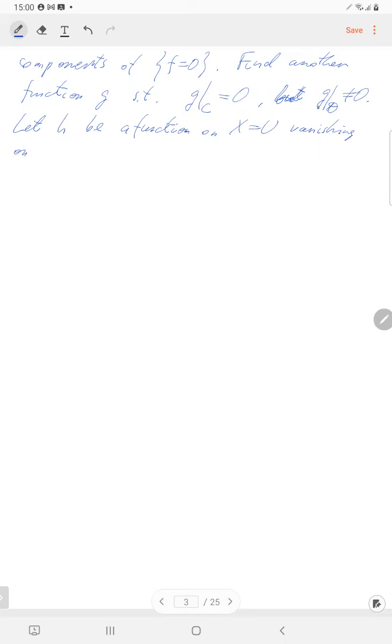Okay, right away. So let's take a function vanishing on this component D, and then if we take the product H times G, then it vanishes on the zero set of F, right?